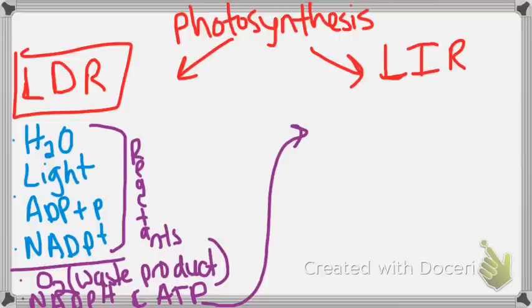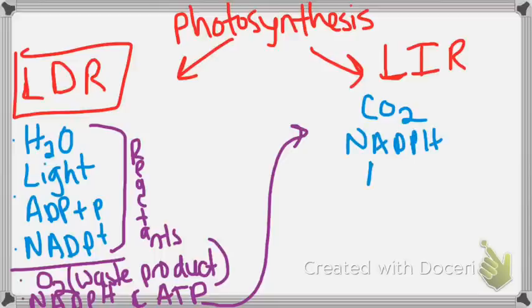Okay, so NADPH and ATP are going to actually be used over here as reactants in our light-independent reactions. So in our light-independent reactions, we're going to need our CO2, which the plant brings in through the stomata. We're going to need our NADPH and our ATP, both of which came from our light-dependent reactions.